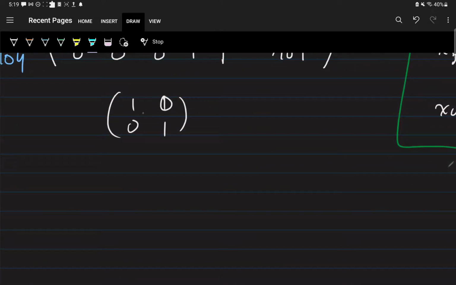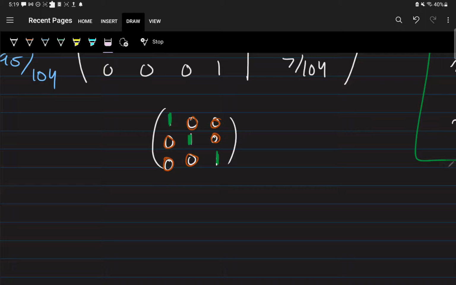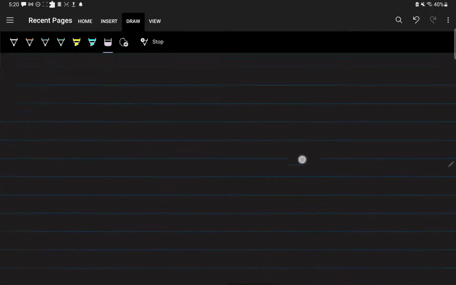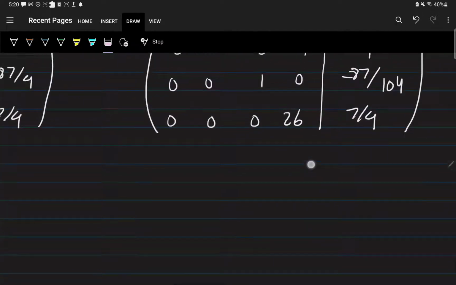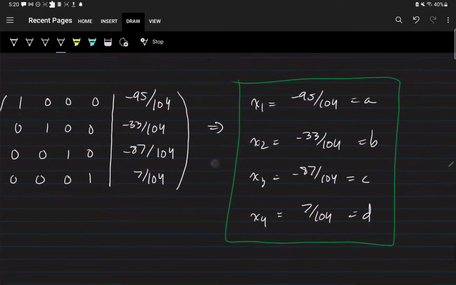For a 3 by 3 matrix, you would have this. And I'm sure you can see how it's 1 in the diagonal, but then all the other numbers around it are 0. This is called reduced row echelon form, and the point of Gauss-Jordan elimination is to manipulate the matrices so that you get that form of the matrix. Notice how the augment, however, doesn't have to follow this. The augment is, again, just a solution to the system.